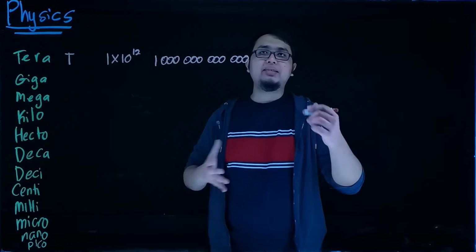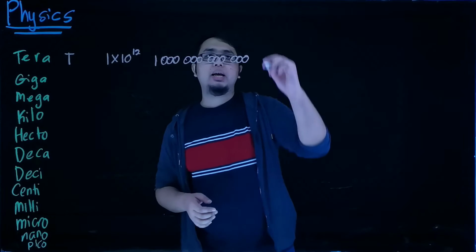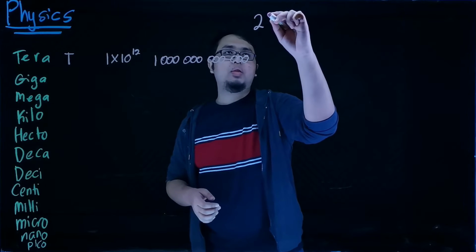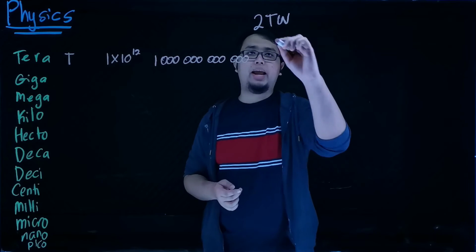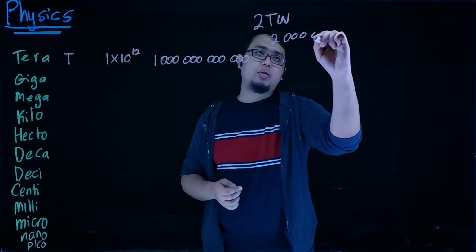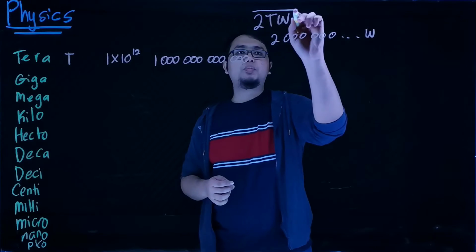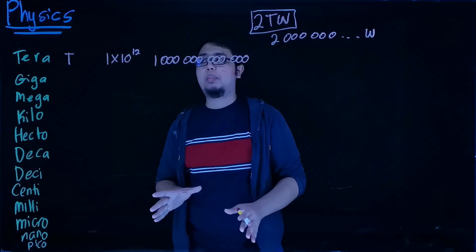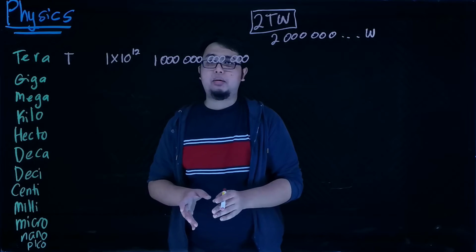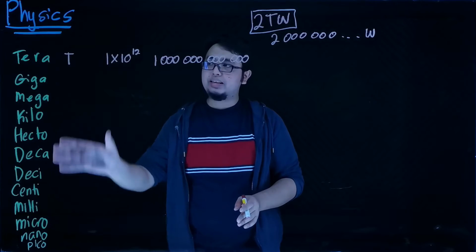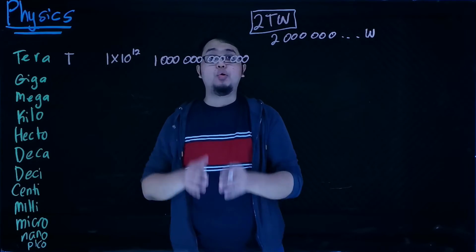For example, let's say the power produced by a power plant is around 2 terawatt. This is much neater than if I were to write 2,000,000,000,000 watt. So we use prefixes in science to make the writing much simpler to understand, because each one is designated to a specific set of units.